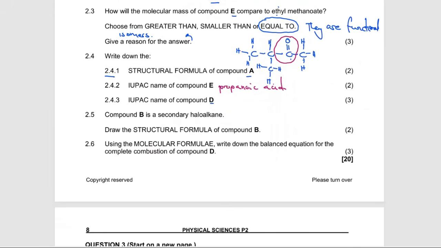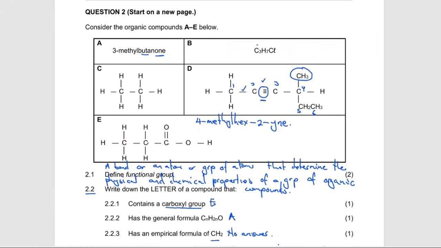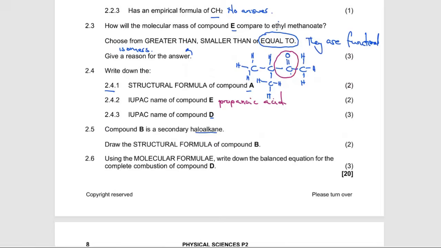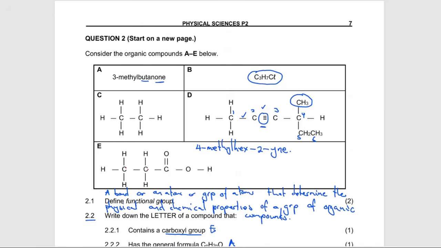Then moving on to 2.5, it says compound B is a secondary haloalkane, right? Then draw the structural formula of compound B. So I'm going to draw it at the top there. How many carbons do we have? We have 3 carbons: carbon number 1, carbon number 2, and carbon number 3, right?